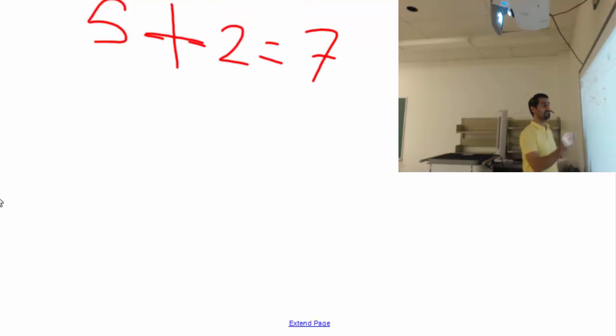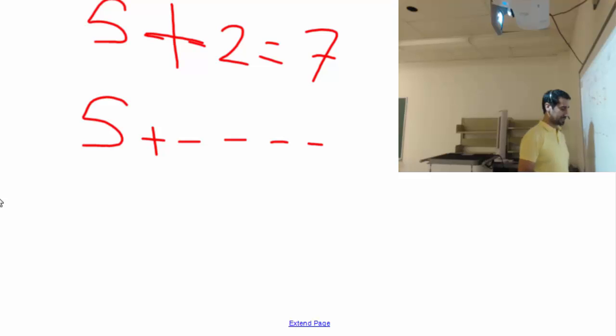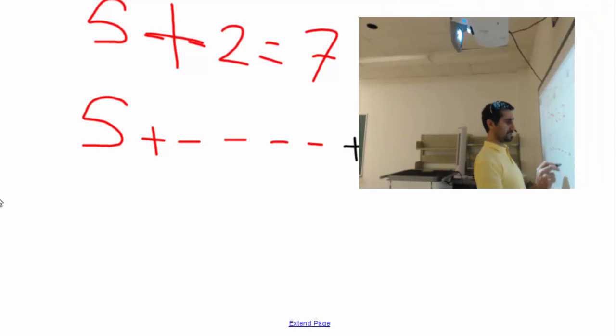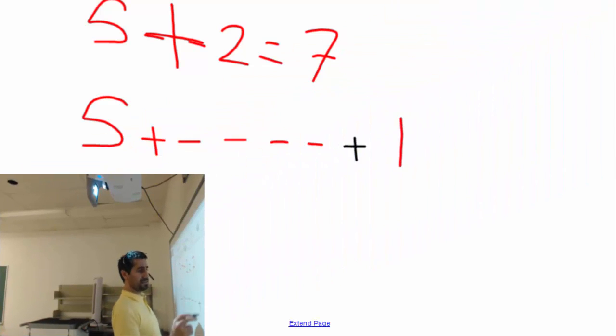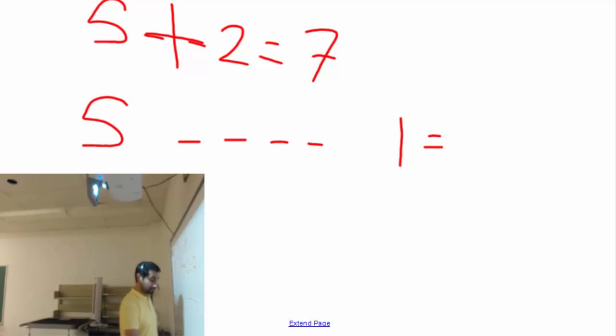So that will give you 7. Let's complicate it a little bit further. 5, let's start with plus, minus, minus, minus, minus, plus 1 equals. So, the plus signs, I'm going to ignore. And then I'm going to end up with all that. But two negative signs will give you the positive sign. So that means the two negative signs, we can also ignore.